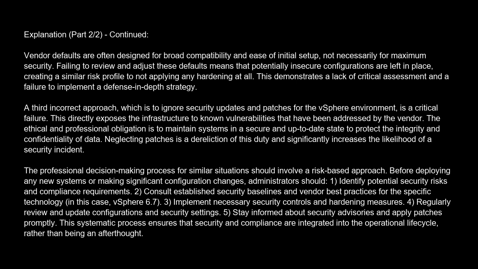Implement necessary security controls and hardening measures. 4. Regularly review and update configurations and security settings. 5. Stay informed about security advisories and apply patches promptly. This systematic process ensures that security and compliance are integrated into the operational lifecycle rather than being an afterthought.